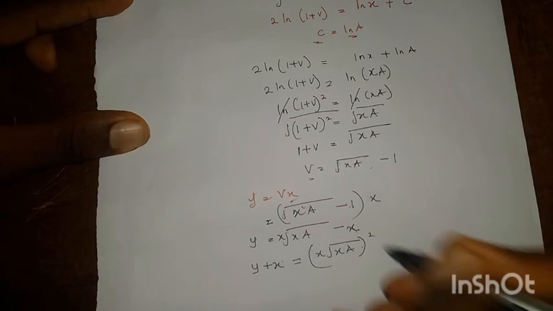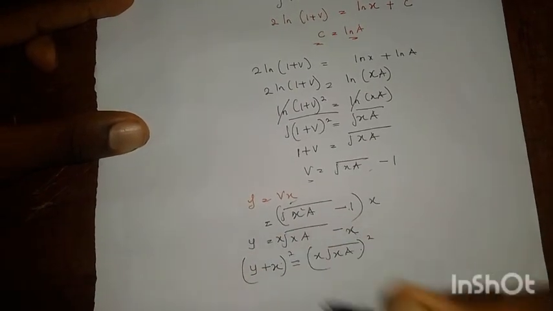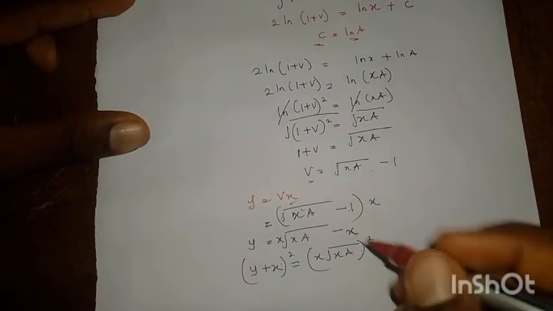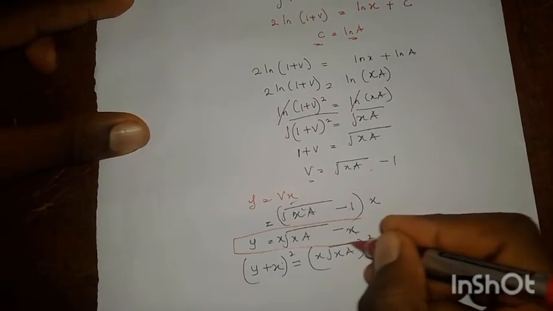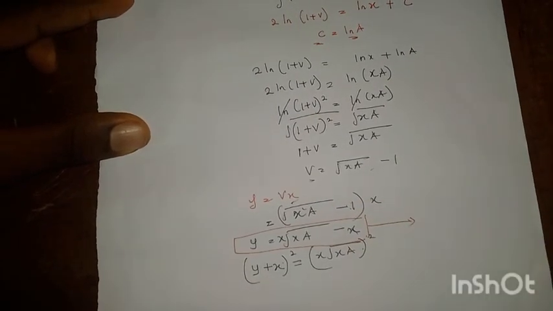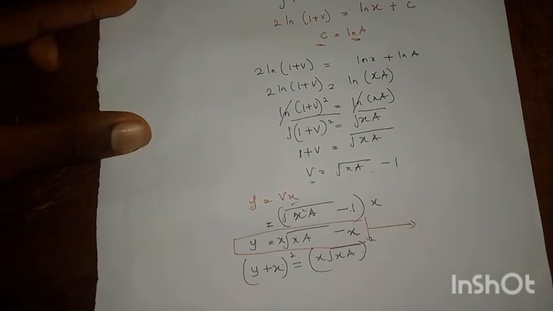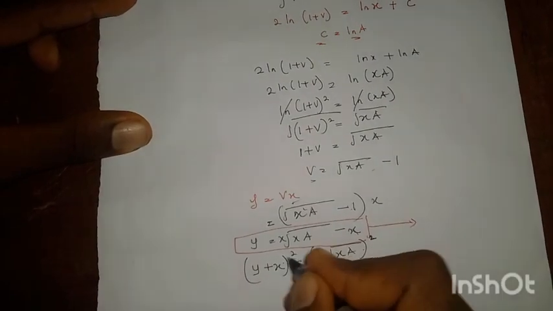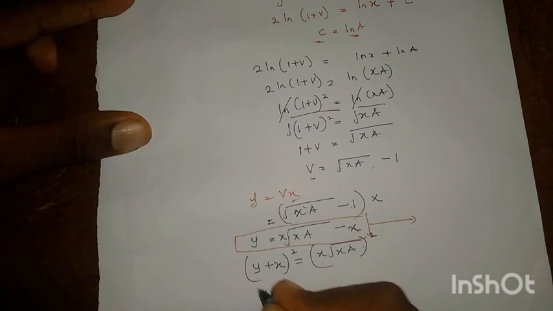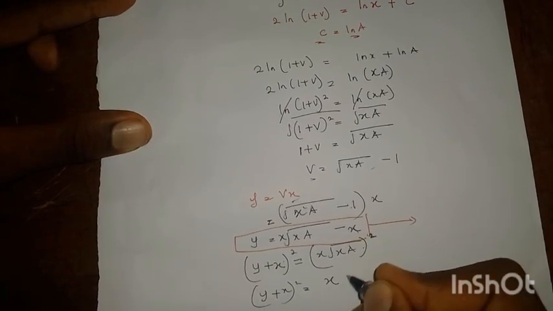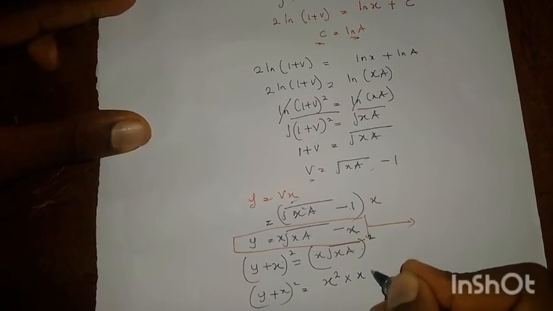I can actually leave my equation like this. This is a perfect equation. I can also choose to simplify it further by taking the square of both sides. This is (y plus x) all squared equals x squared times xa, right?